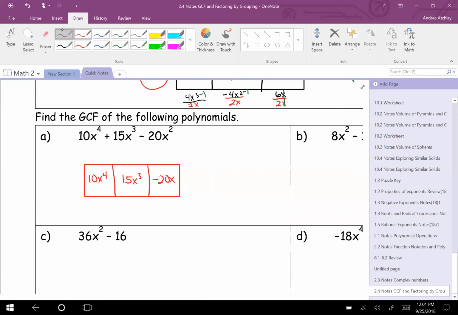Okay, so step 1 is going to be find the largest number all terms can be divided by. That's our first step.